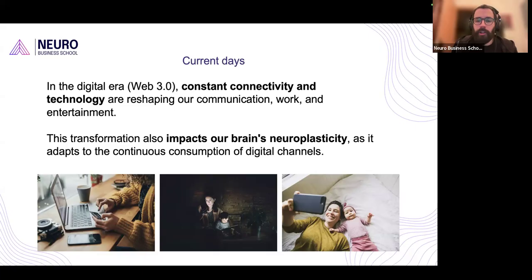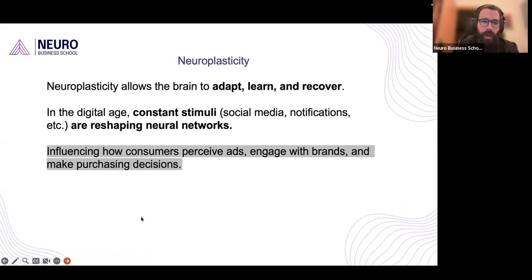Okay, neuroplasticity is a concept that I will describe right now. Neuroplasticity allows the brain to adapt, learn, and recover. You need to understand that the brain is an organ, but it is an organ that is changing.